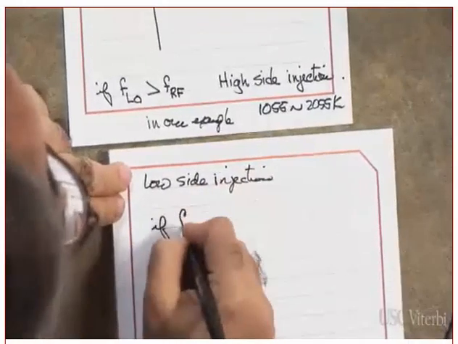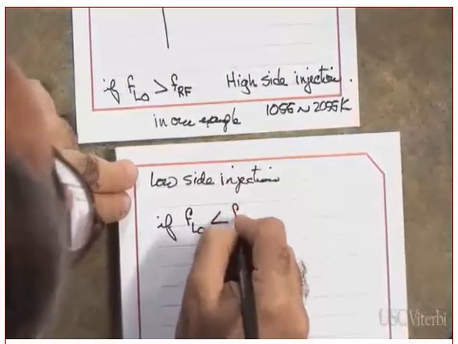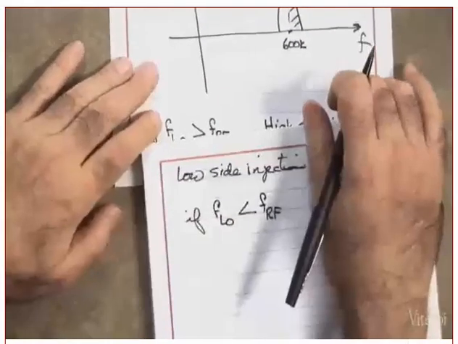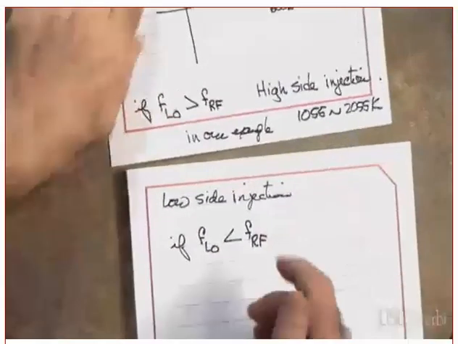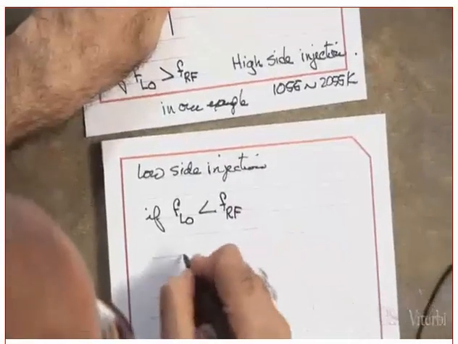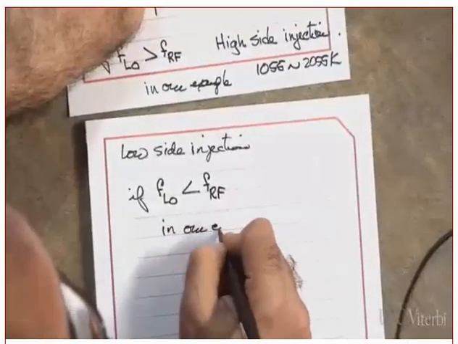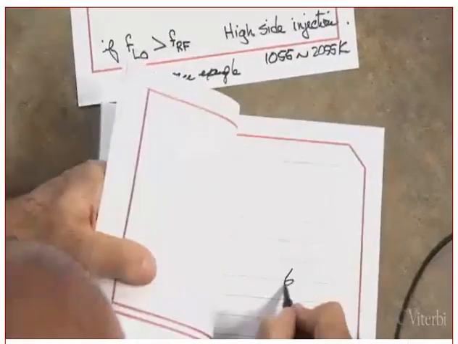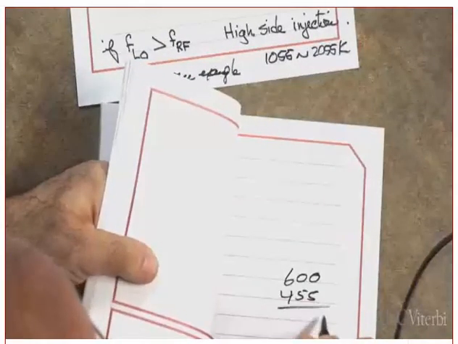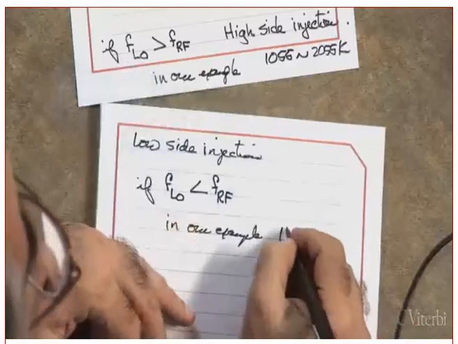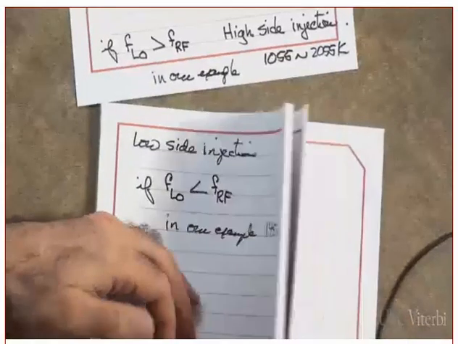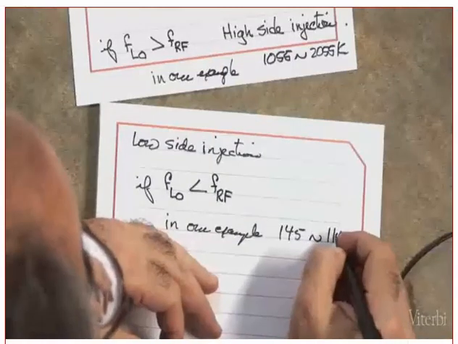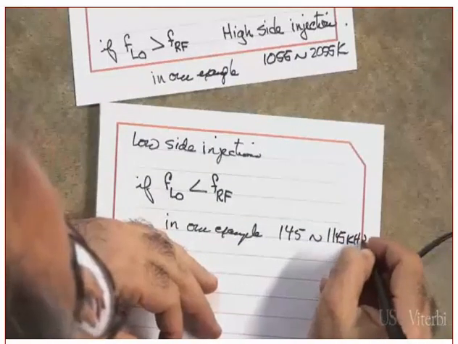If FLO is what? What is the range here? What is the range in our example? 1455 to what? 1,000 and what? 45 kilohertz.